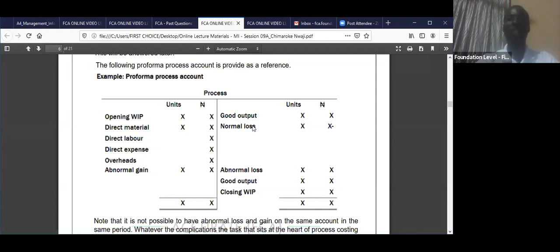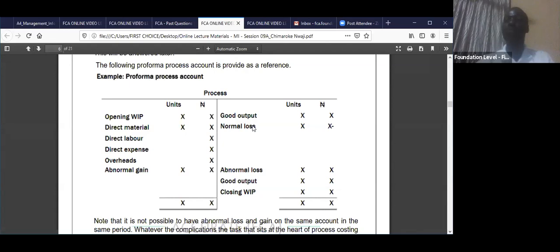So you see, of 1,000 loaves, you expect 10 to be lost, normal loss. Why do you expect normal loss? It means that when the dough is left to rise, something might happen. Maybe 1 or 2 might get spoiled or may not rise. They have issues. You put the remaining into the fire, and 1 or 2 might get burnt.